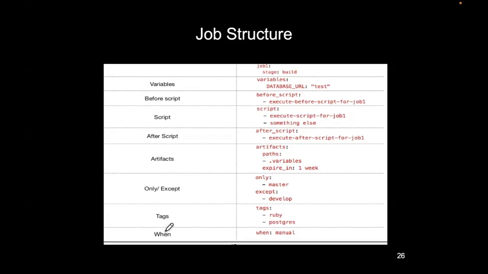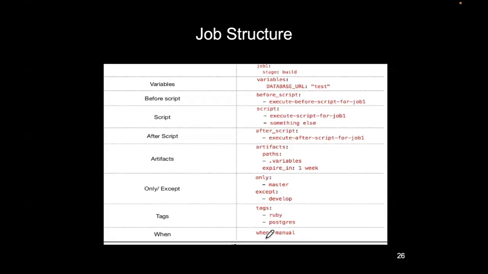And the last one here, the when part of a job description, only has one value, which is called manual. By default, a job is automatically executed, but there may be certain jobs that you want an individual to trigger the execution of.